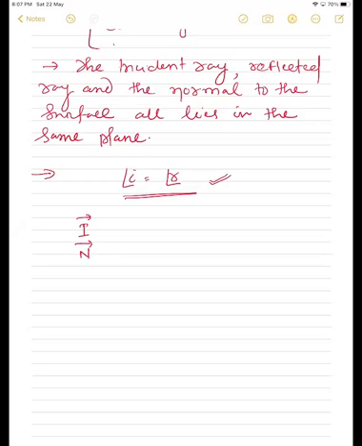Okay. And the reflected ray as well. I is the incident ray, N is the normal, and R is the reflected ray. Okay. Student, the scalar triple product, you will study about it in vectors in maths also.